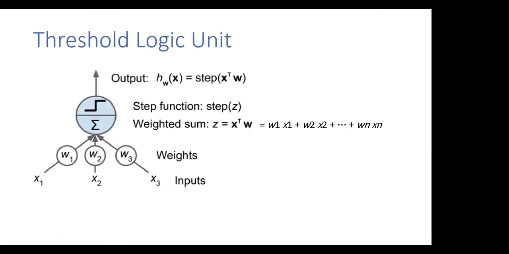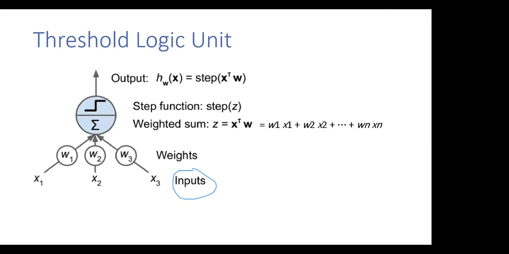So the perceptron and the TLU is really the most basic component of the artificial neural network. You really have to focus on understanding this. You always have inputs, and all inputs are seen by the TLU.